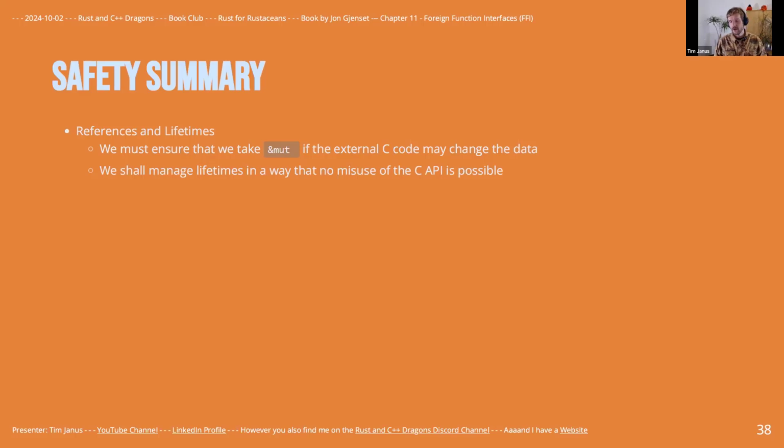And when you have a more complex object structure, you can also write your wrapper types in a way that they manage the lifetime and the invariants that are often, if you're lucky, documented in the C API.